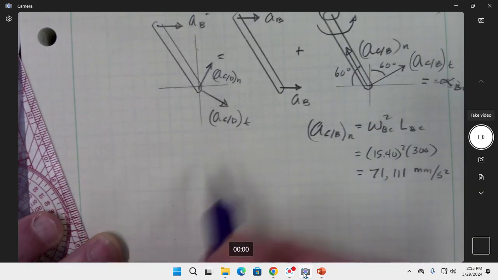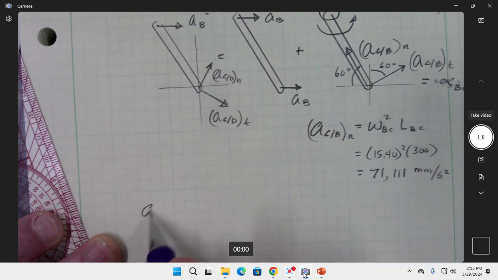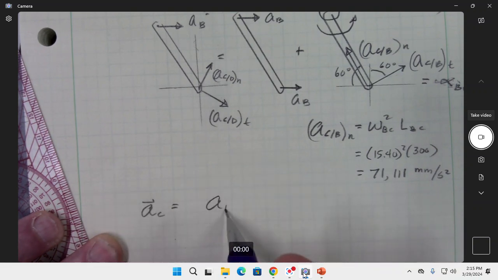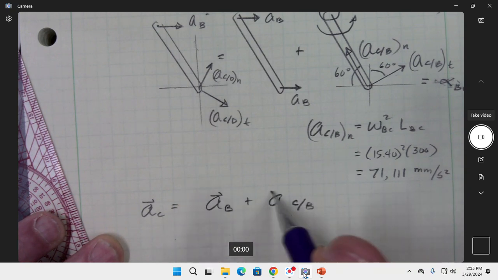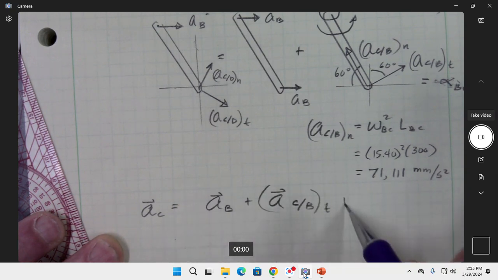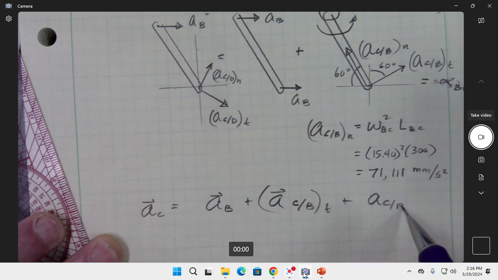So we write out the equation that we need to know. The acceleration of C is equal to the acceleration of B plus the acceleration of C with respect to B tangentially plus the acceleration of C with respect to B in the normal direction.